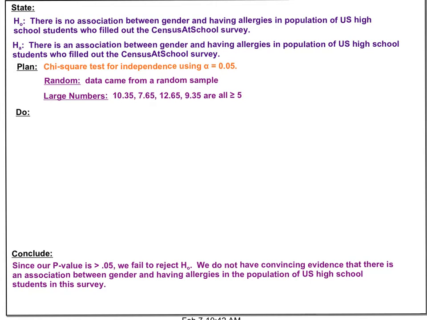So this is one part that will be different. The data came from a random sample of n equals 40 students. If you're doing a test for independence, you're always going to have a single random sample for that condition. Large numbers, we've got 4 expected counts.